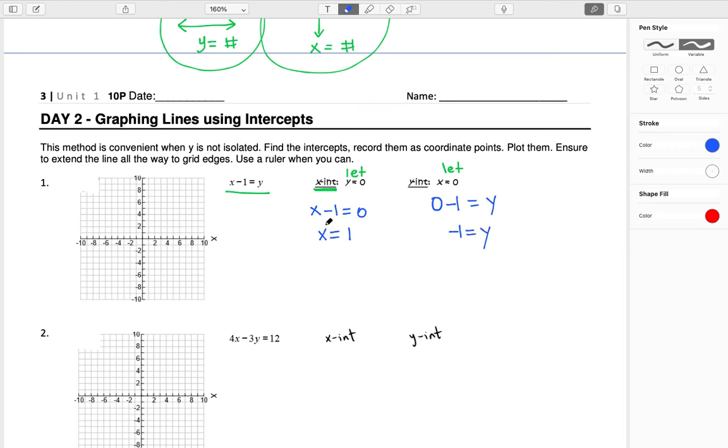Let's label my x-intercept: x is equal to 1, so it's on the x-axis at 1, and my y-intercept is on the y-axis at -1. Then you can just connect the 2 points, and that's how you draw the graph using intercepts.